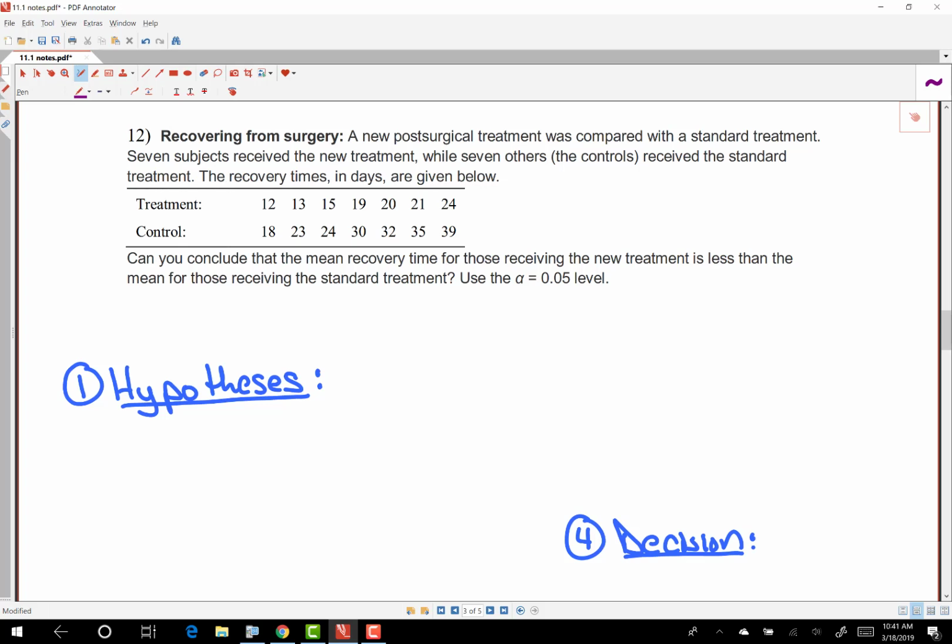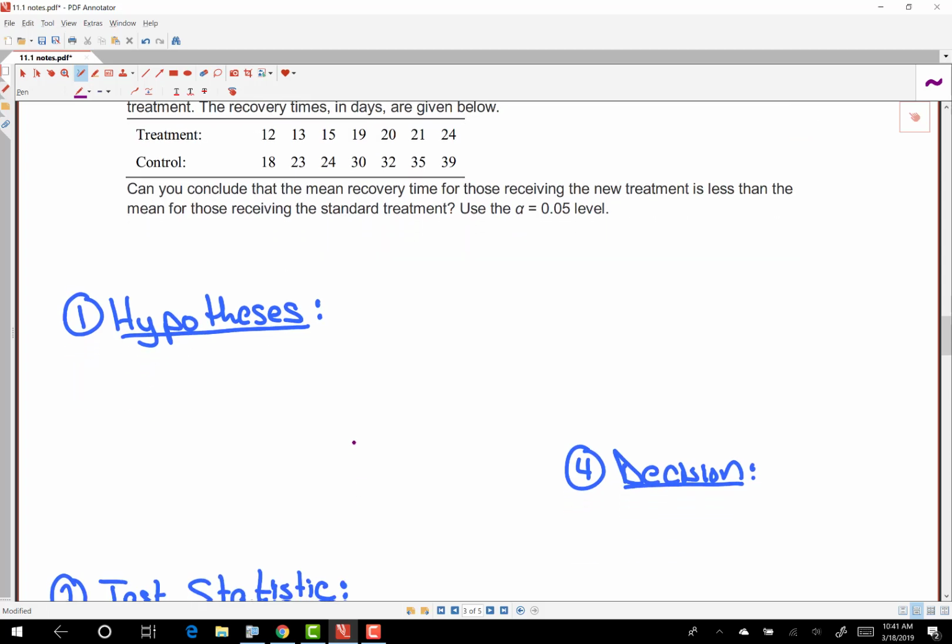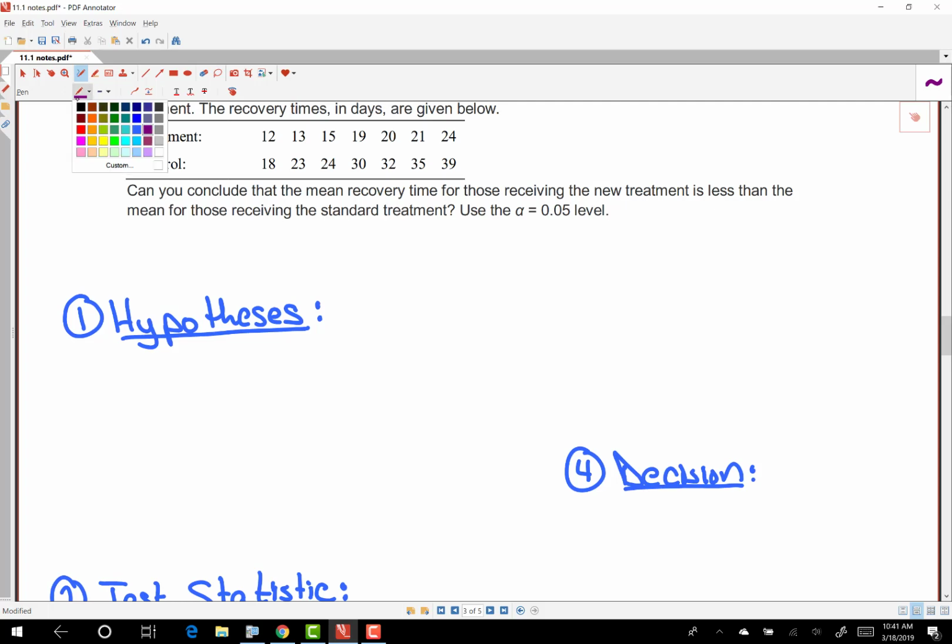The recovery times in days are given below. And it says, can you conclude that the mean recovery time for those receiving the new treatment is less than the mean for those receiving the standard treatment? Use alpha equal 0.05. So when we go to make our decision, that's the alpha we're using.